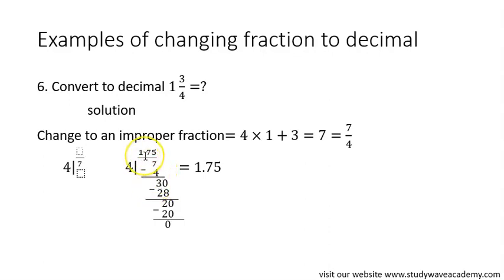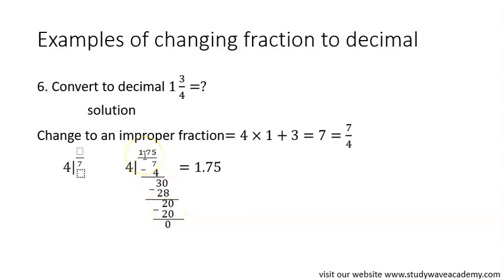You put a point and add 0. You now have 30. 4 in 30 is 7. It will go 7 times. So 7 times 4 will give you 28. 30 minus 28 will give you 2.